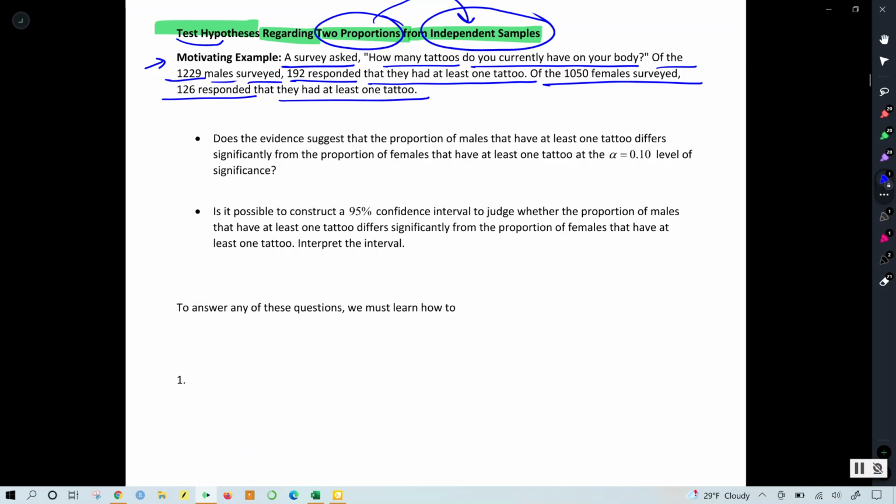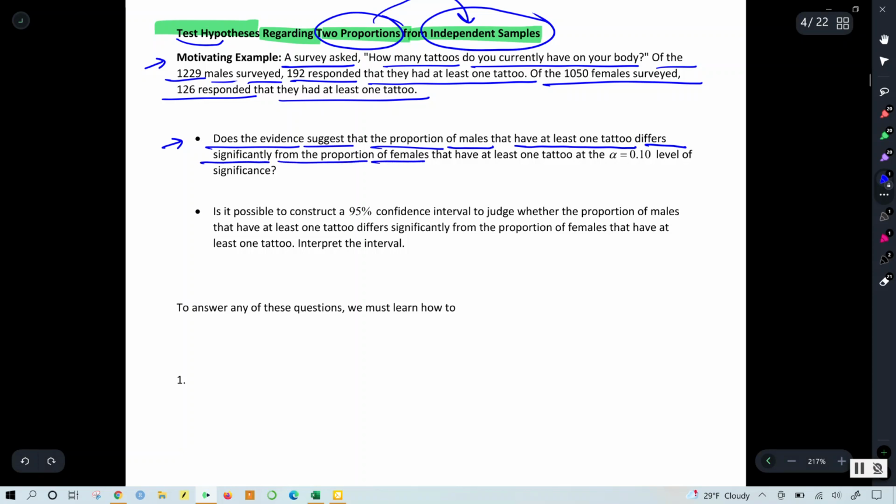Well, based on the data collected, here are some questions we can ask. Does this evidence suggest that the proportion of males that have at least one tattoo differs significantly from the proportion of females that have at least one tattoo at the alpha equals 0.10 level of significance? Here's another question.